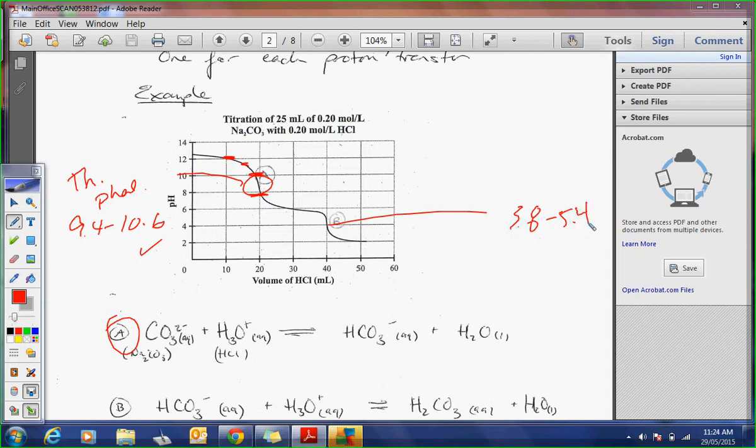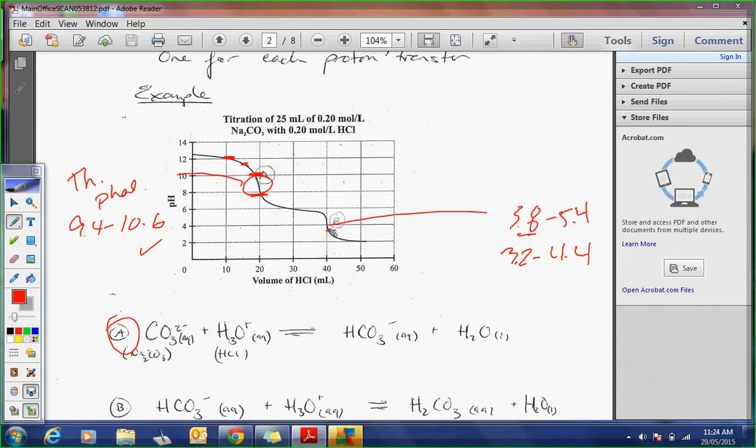Yeah, that works. Methyl orange is 3.2 to 4.4. Which do you think would be better? It's hard to tell on this graph because you can't quite see whether that's 3.5 or 3.2, right? But I'm thinking 3.8 looks like it's more in that zone.